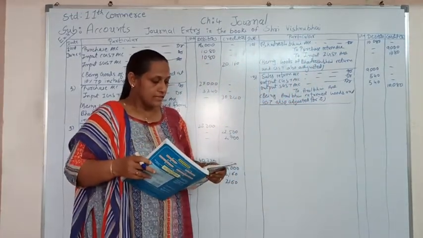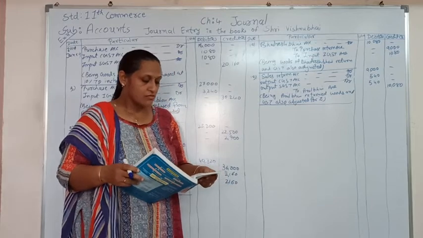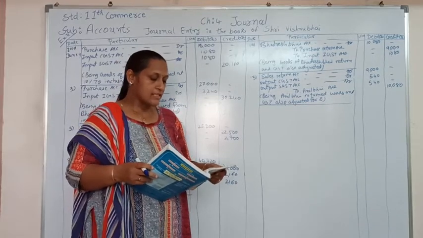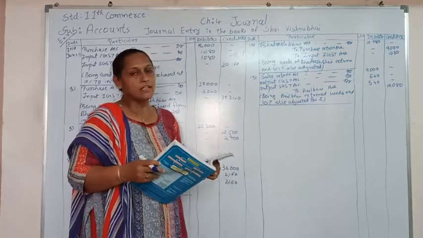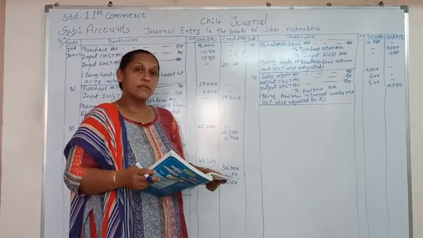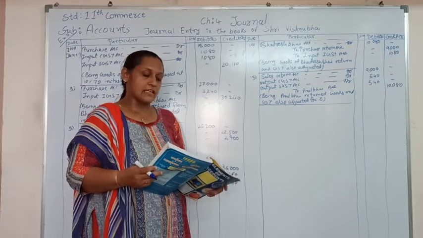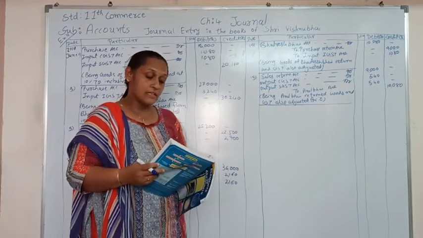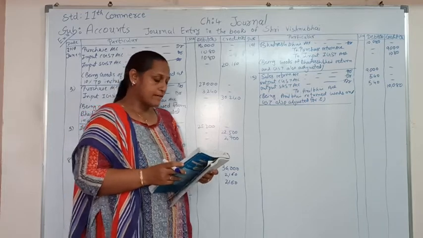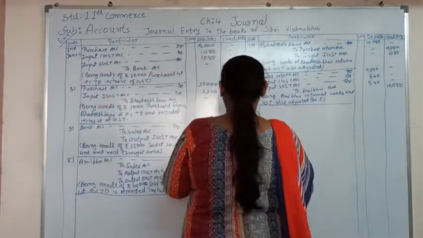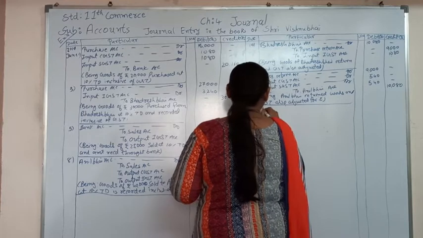Now next, let's see a machine of rupees 50,000 purchased from Ram and Sons of Amritsar. So Amritsar is outside the state, so here we are going to debit input IGST account. For that, machine account debit, input IGST account debit to Ram and Sons account.